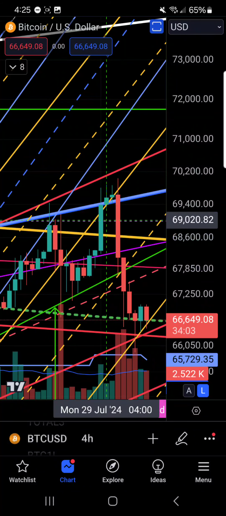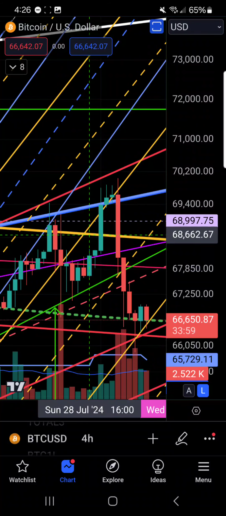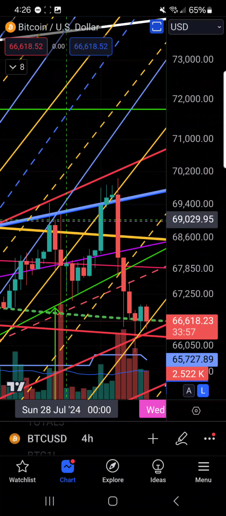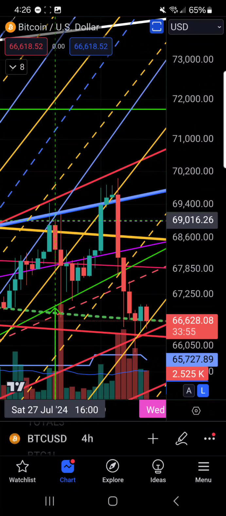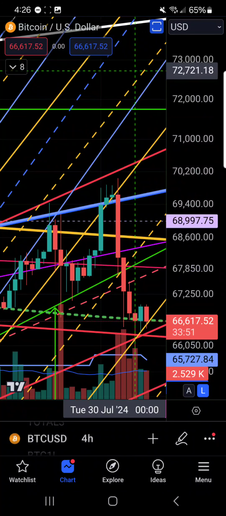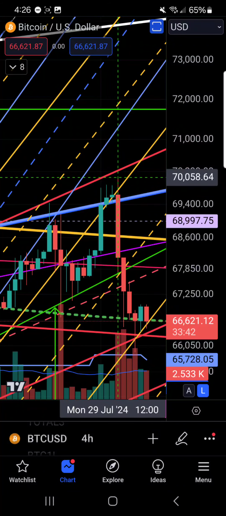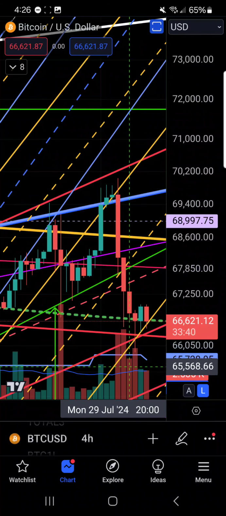And so I just watched and waited, because really, what's the difference if you FOMO in here at about 69K or 70K? In the grand scheme of things, you're talking $3,000 when there's the potential that we do come down from 70K all the way down to 60K.